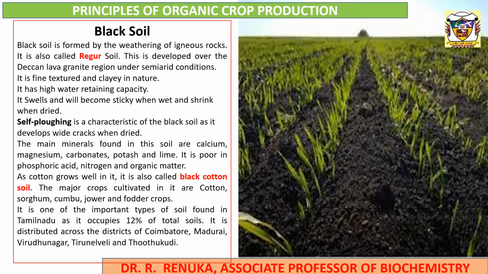The major crops cultivated in it are cotton, sorghum, kambu, jowar and fodder crops. It is one of the important types of soil found in Tamil Nadu as it occupies 12% of total soils. It is distributed across the districts of Coimbatore, Madurai, Virudhunagar, Tirunelveli and Thoothukudi.